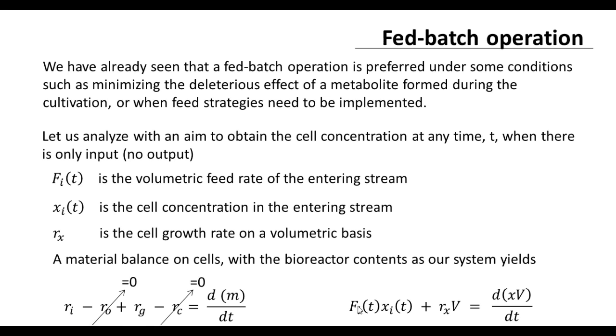Ri is nothing but Fi(t) times Xi(t), and Rg is nothing but Rx times V. You can go and check your previous lecture notes to see that this is indeed the case. This equals d/dt of xV, since mass is nothing but concentration times volume, cell concentration times volume.